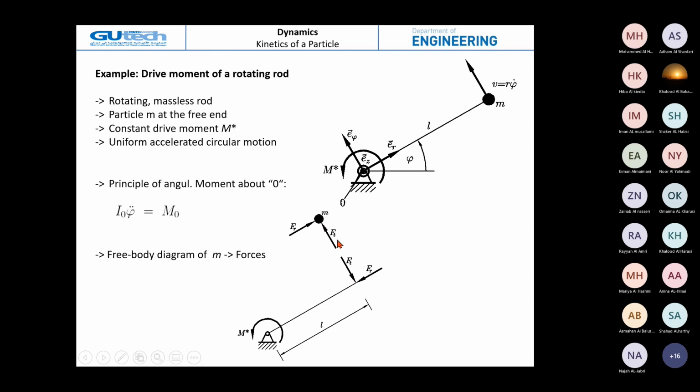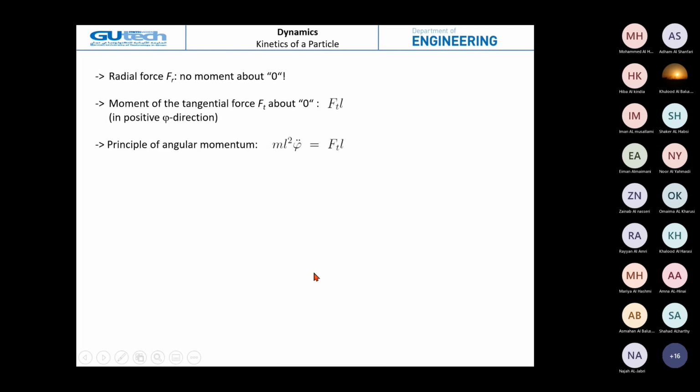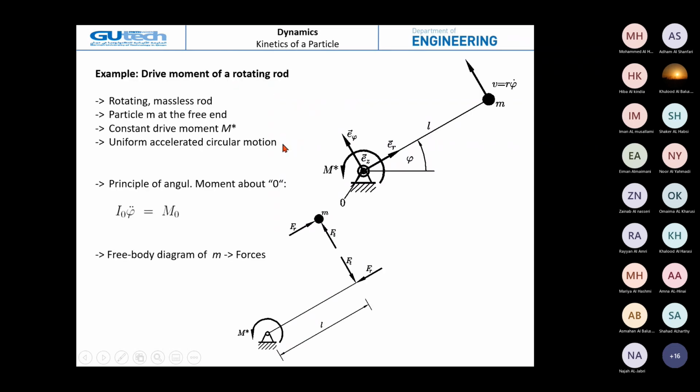Then we take the two forces F_t and F_r and now only have to determine the moment. The radial force F_r makes no moment about the point O. As I said, F_r is parallel to the rod, and there is no arm, because the moment is always F_r multiplied by the arm, and the arm here is 0.